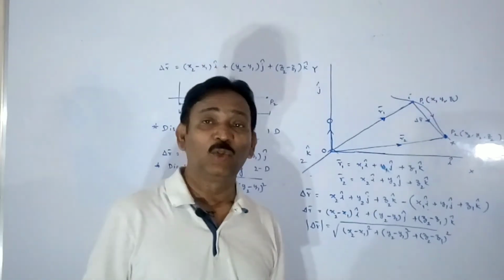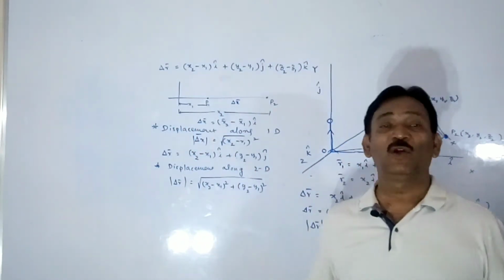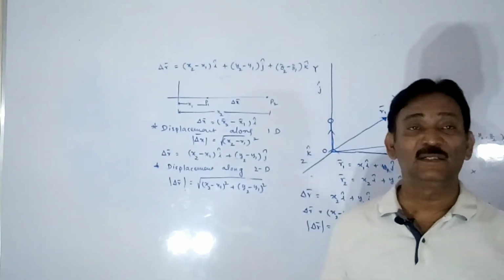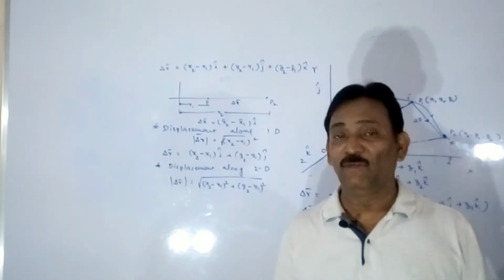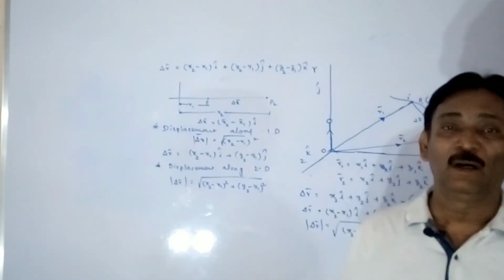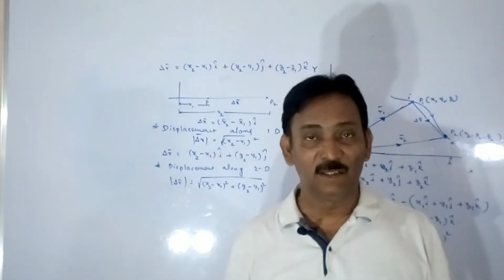Okay, it is all about the position vector. In this way, you can find out the displacement of the particle along the x-axis, y-axis, and as well as the z-axis.